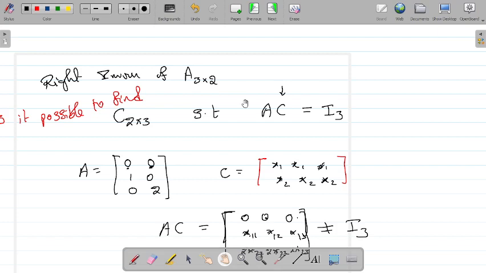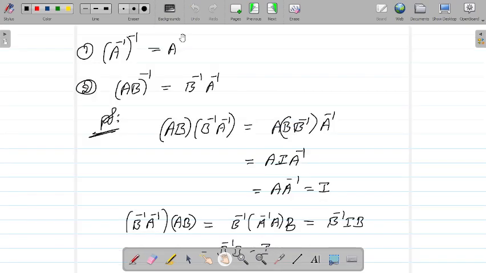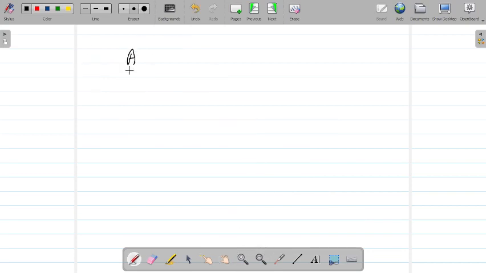Now I'm going to say this. If you take a matrix A and it has both a right inverse and a left inverse, let's say you have a matrix A, and I don't know the size for the time being, but I came to know the right inverse of A, that is B. This is the right inverse.